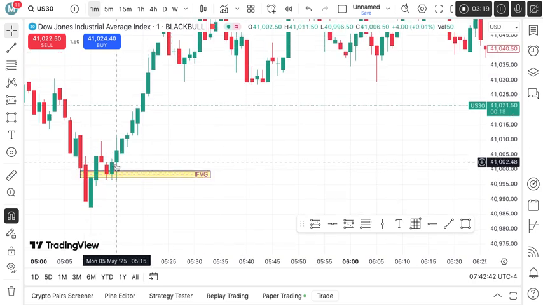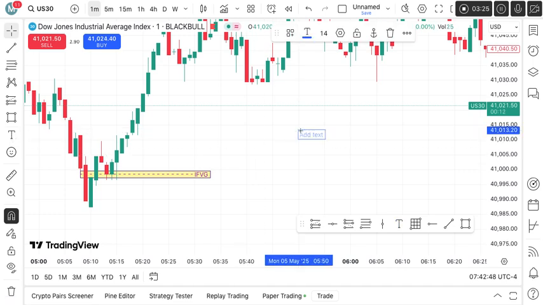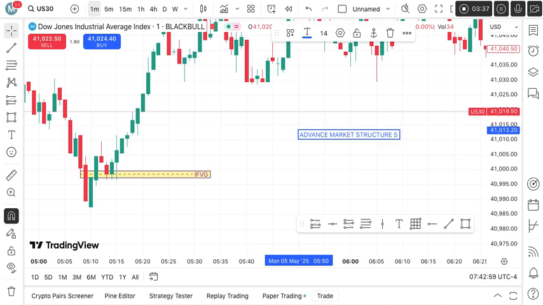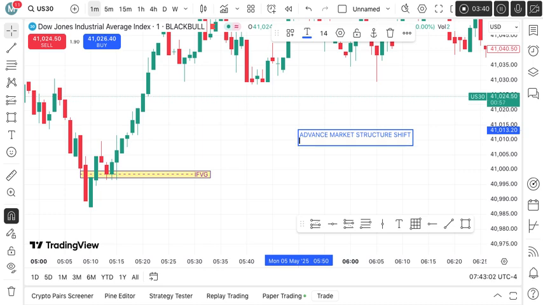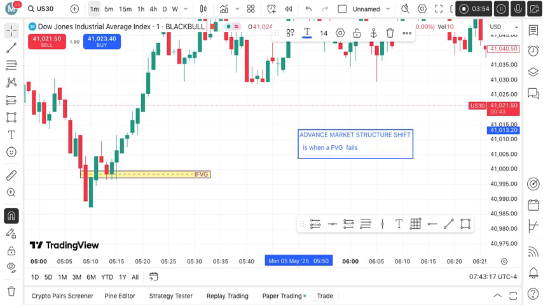And when using these fair value gaps, they're known as advanced market structure shift, when a fair value gap fails and gets used as an inversion FVG.